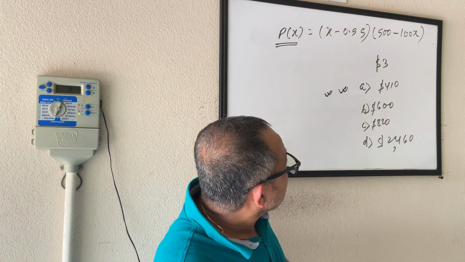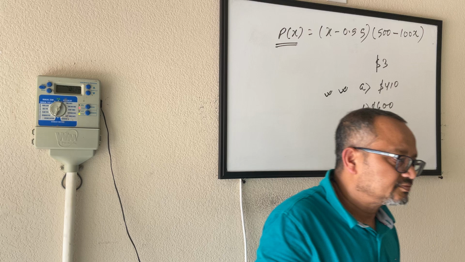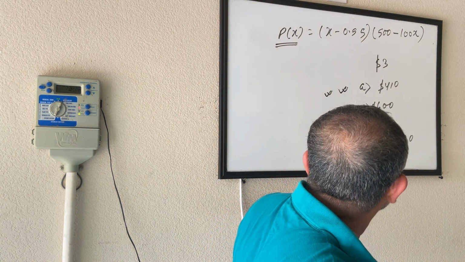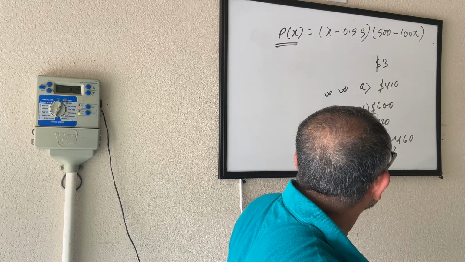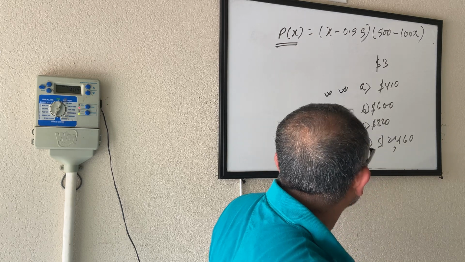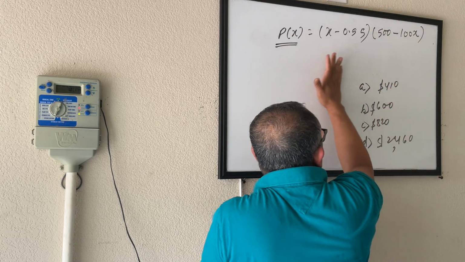So, now can somebody tell me what did you do to make it simple? Yeah, Pranay. Since the unit price is 3, I could easily see that D and C are way too high to be the profit based on x being 3.